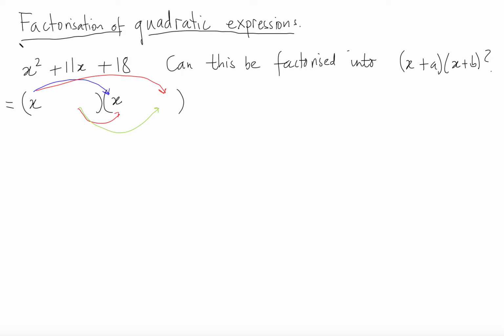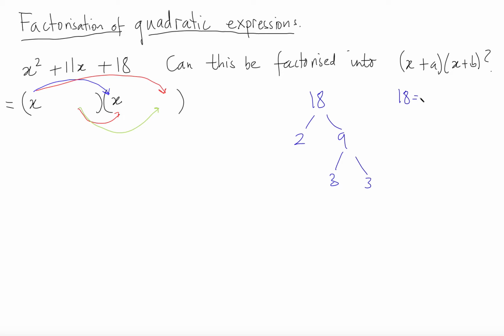Well, so let's take the 18 first. How can we make up 18? Well, 18 is 2 times 9, or we can write it as, well, let's prime factorize 18. 18 is 2 times 3 times 3.